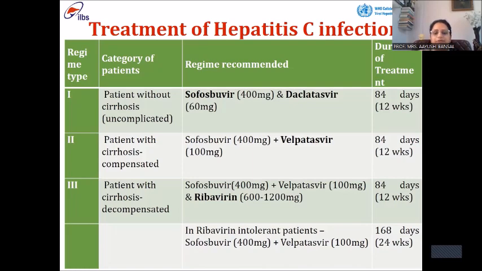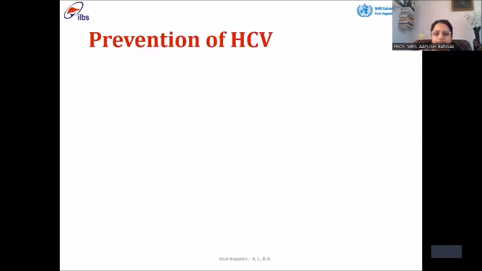In ribavirin intolerant patients, we can skip the ribavirin fully and continue the treatment of decompensated cirrhosis and hepatitis C with sofosbuvir and velpatasvir for 168 days, that is 24 weeks. The duration of treatment will be increased in the absence of ribavirin in ribavirin intolerant patients.